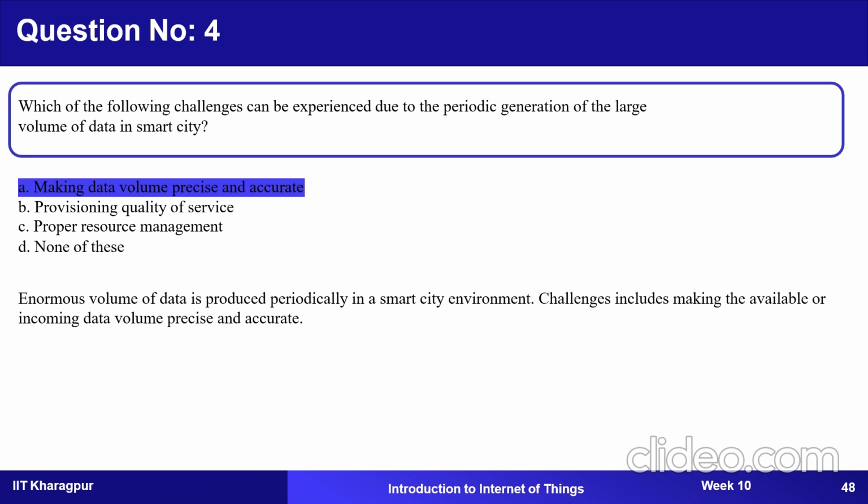So A is the correct option because we have read this in our lecture also: if your devices are generating a large amount of data, then it becomes difficult to handle it and to make decisions precise and accurate, because the data may consist of ambiguous values and outliers, so it becomes difficult to generate more accurate decisions.